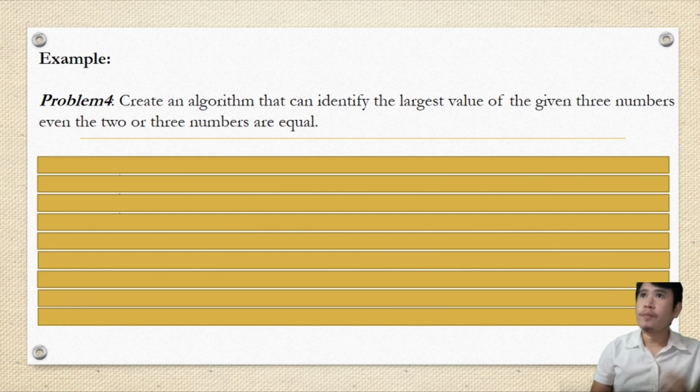So if two numbers are the same, let's say for example num1 is 3, num2 is 3, and num3 is 1, then even if two are equal, the system still finds the largest value. Even if all three are equal, then that value is the largest value.